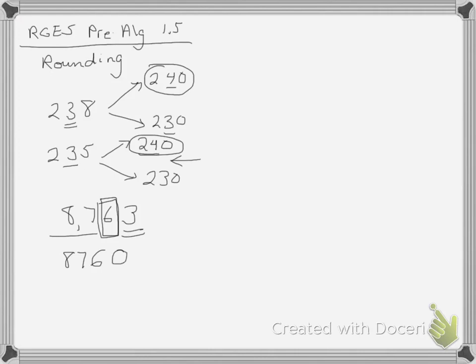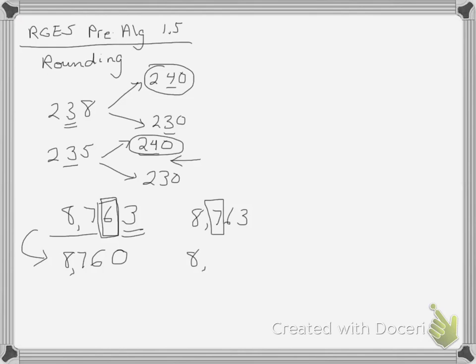So to the nearest tens place, the number 8,763 would be rounded to 8,760. What if I were to round it to the nearest hundreds place? Again, I'll start with my number. I identify the place value, copy everything to the left, and ask myself, do I round up or leave the same?